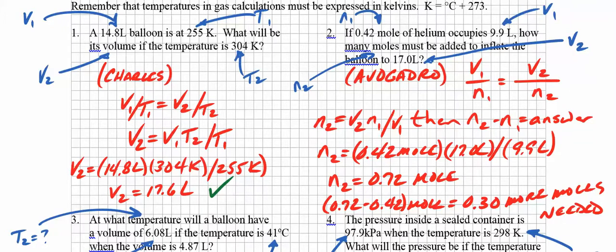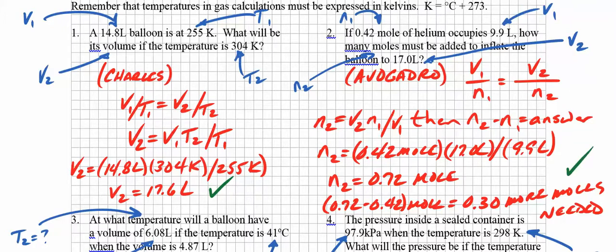So N2 then is 0.72 moles. Now remember, we're asked how much we need to add, so we're going to take that 0.72 moles and subtract how much we originally had, which was 0.42. So 0.30 more moles are needed. That'll do it for number 2.